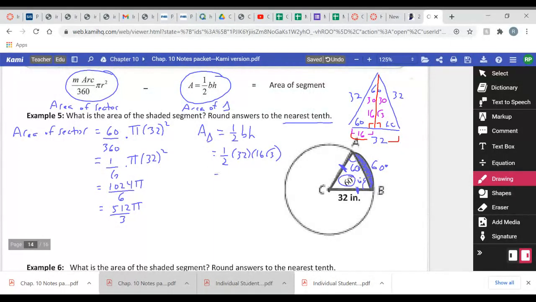If I multiply everything except for the square root, 0.5 times 32 times 16, I get 256 square root of 3. And so that's the area of the triangle in exact form. Now down here for the big finale, the area of the segment.